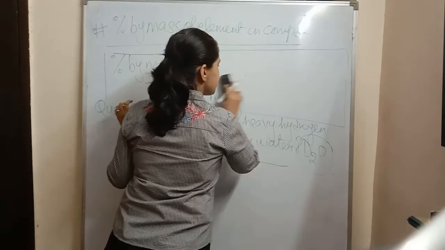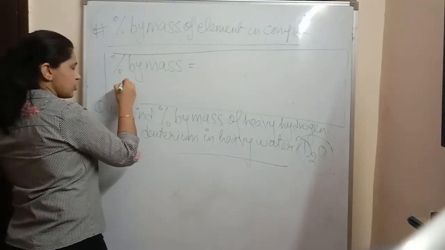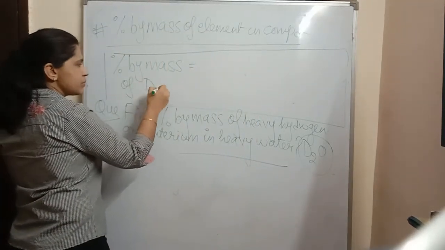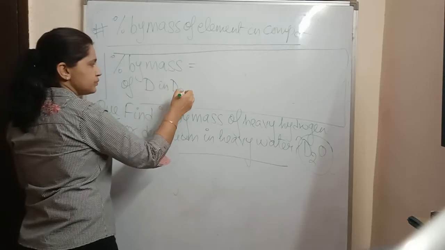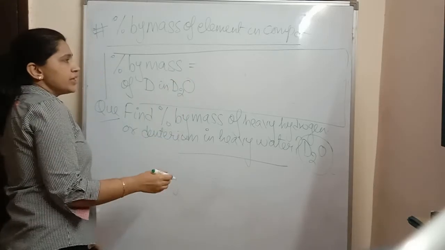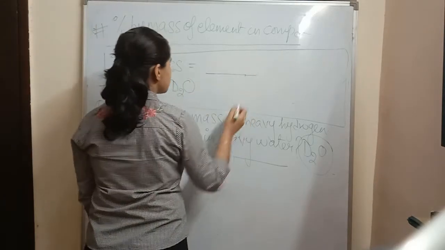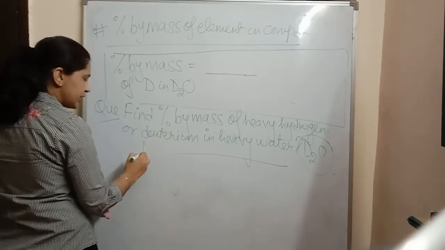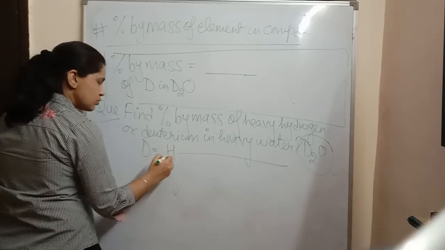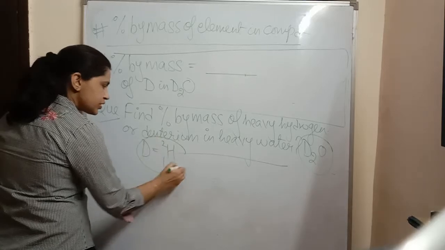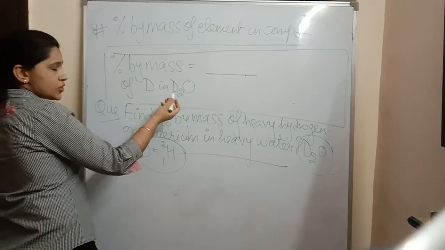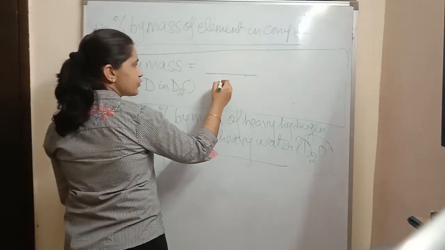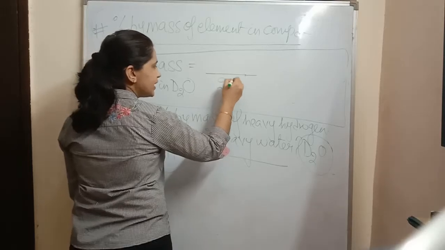So percentage by mass of deuterium in D2O, right? What is the molecular mass of D2O? What is deuterium? Deuterium is 1H2. So the molecular mass of D2O becomes 20.